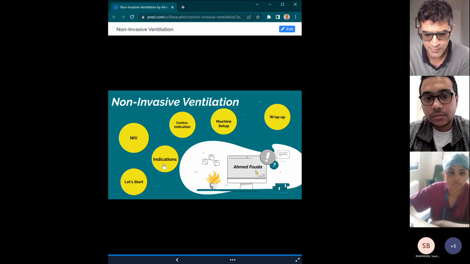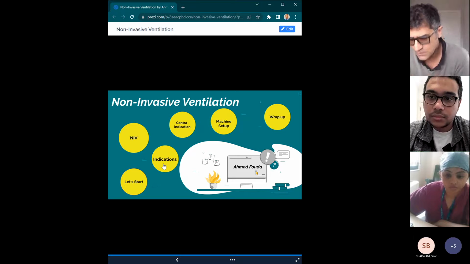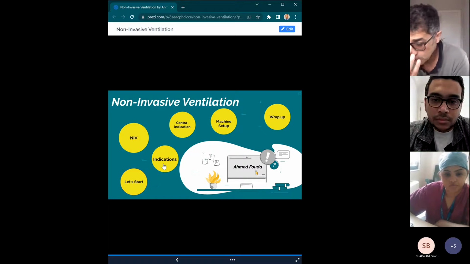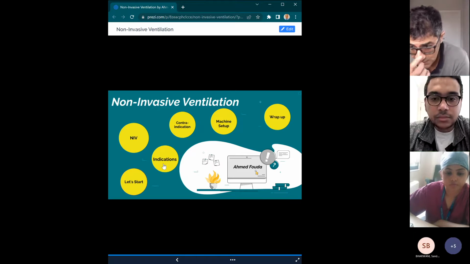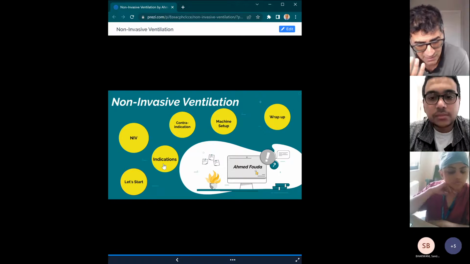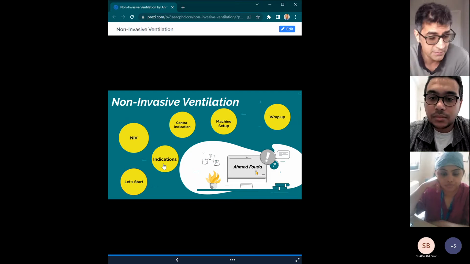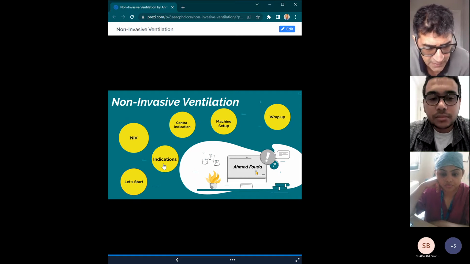But invariably, when the patients are moving, it always gets moved again. But you really want to have a good tight seal. Anyway, if it's on for a long time, as you quite rightly said, you get a bit of pressure sores on the nose, and it can also irritate the eyes, because it can blow a lot of dry air up into the eyes, and people find it a bit uncomfortable.